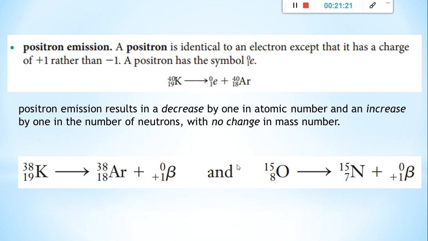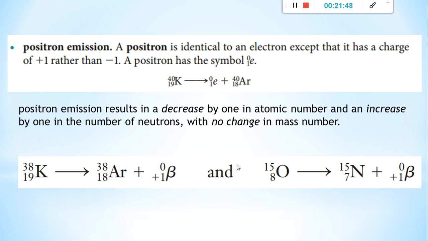Okay, another mode of decay is positron emission. So basically, a positron is identical to an electron, except that it has a charge of +1 rather than -1. So therefore, positron has the symbol of 0, +1 electron. So same process.